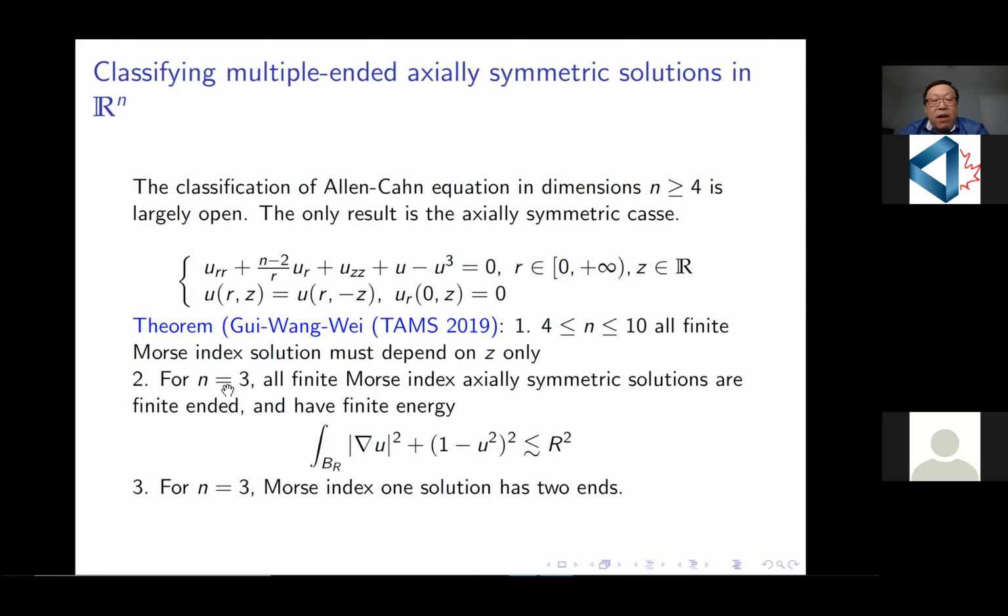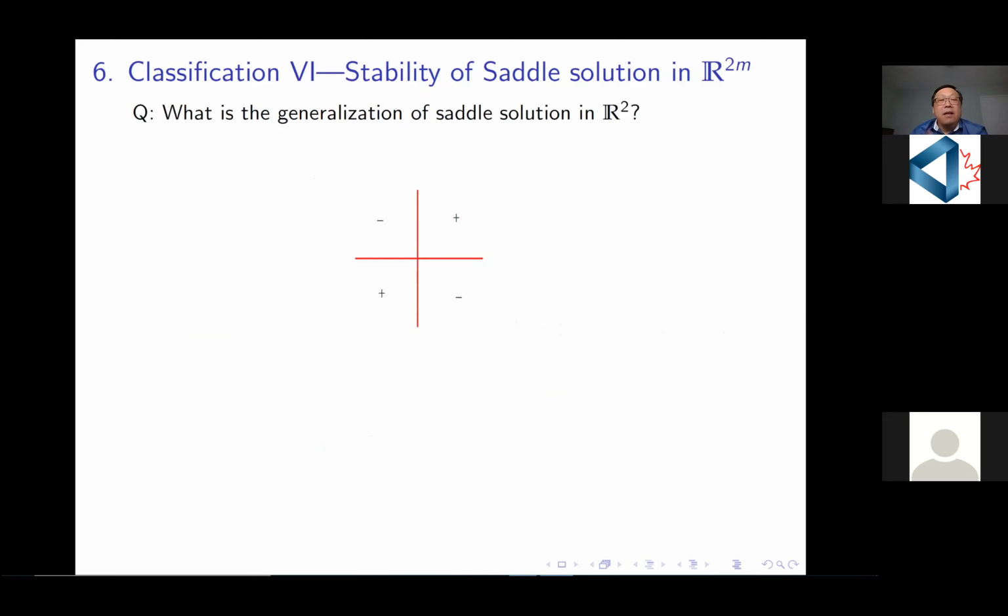For n equals 3, we can prove the finite Morse index solution has finite energy, so finitely many ends, and for n equals 3 the Morse index one solution has two ends. This is the result in the axially symmetric case. Without axial symmetry, this is a completely open question, and a very difficult one. Now let me turn to the sixth classification result, the stability of saddle solutions.